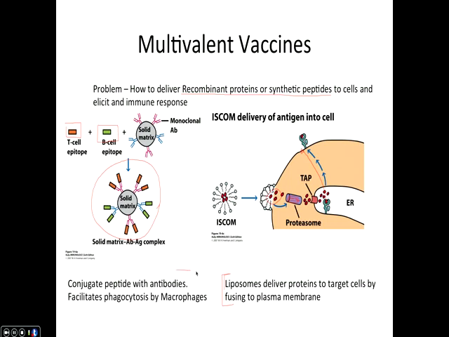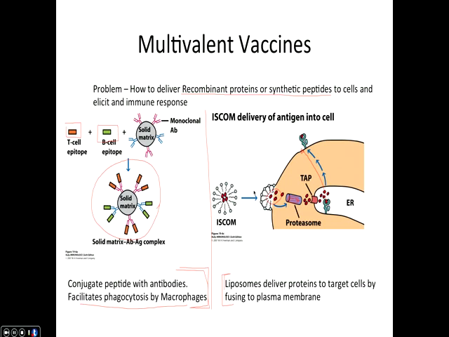The solid matrix is another way of presenting peptides on antigen presenting cells. The Fc receptors will facilitate phagocytosis. I jumped between those two, but you have two different ways of delivering recombinant peptides. One, hooking them up to antibodies: the Fc receptors on macrophages induce phagocytosis and present these peptides on antigen presenting cells.